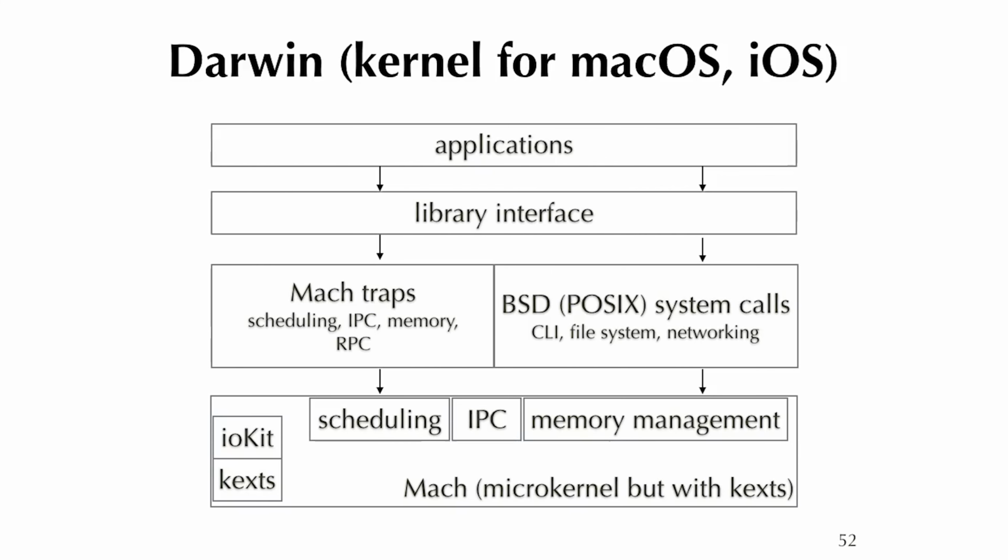The BSD Unix side handles all the other ones, like your command line interface, file system, networking, basically things you would normally do in user space. That's POSIX compliant, so you can write code, compile for this, and it'll run just like another Unix. And then on top you have libraries and then applications.